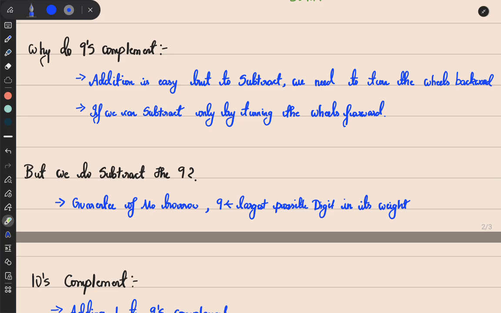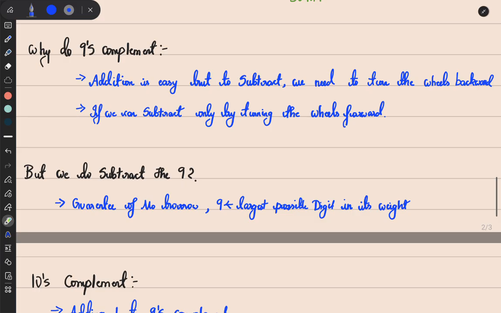But here we have the guarantee of no borrow. The main problem in subtraction is borrow. Getting a borrow from the MSD is a very tedious task. So in this way of subtraction, we know that 9 is the largest possible digit in its base.